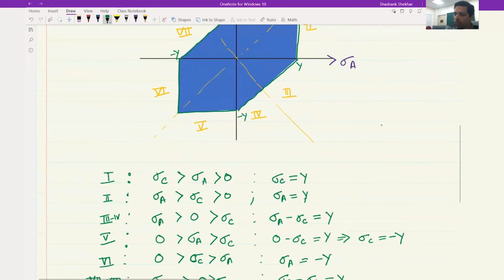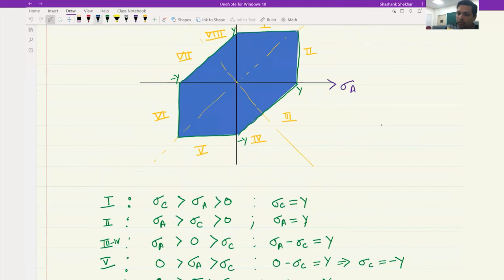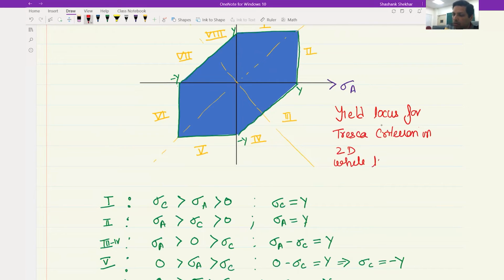2-dimensional plot. So let me write it over here. In 2 dimensions while keeping third one constant, which is sigma b.